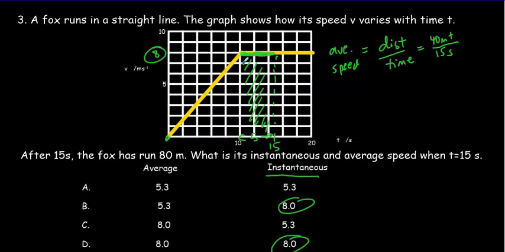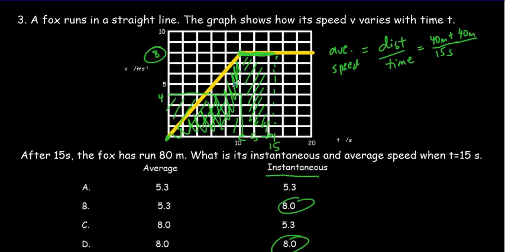Now, in this region here, the average speed would be halfway between 0 and 8. The average speed would be 4 here. And if you move at 4 meters per second for 10 seconds, you're going to move another 40 meters. So we can either kind of use the average speed, and that would be this area, or you can look at the area under the curve.